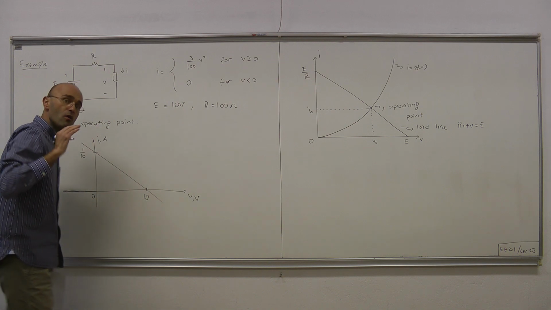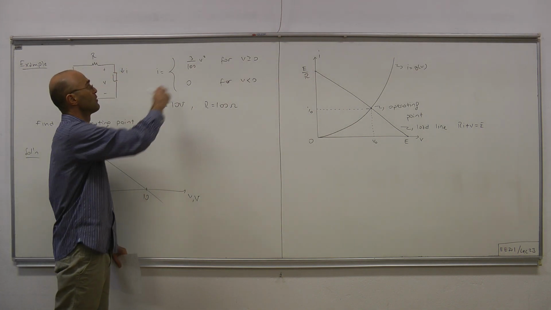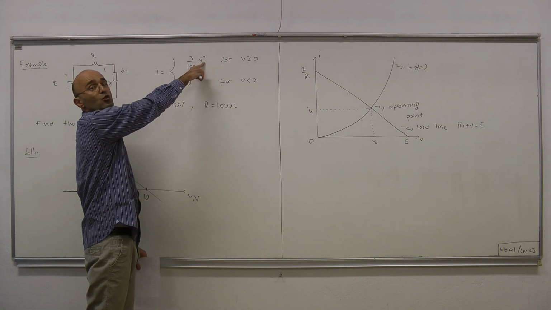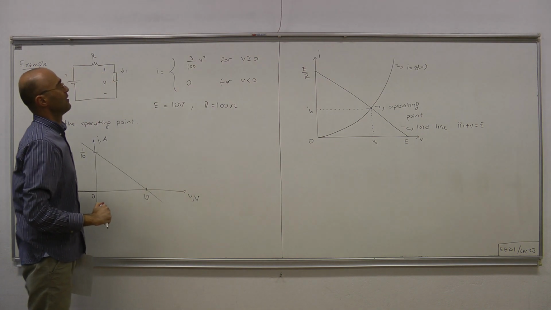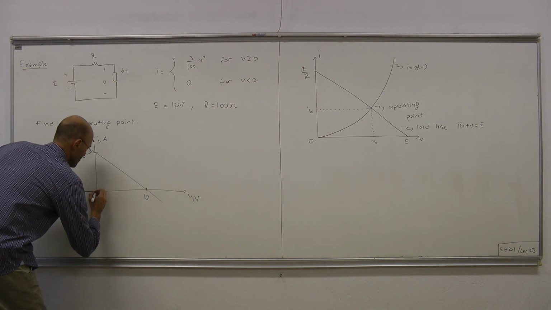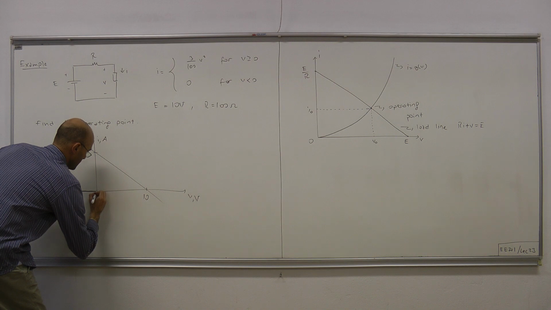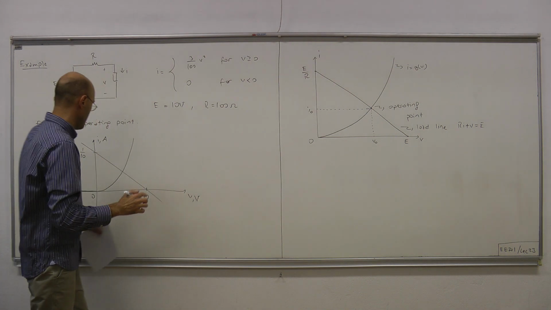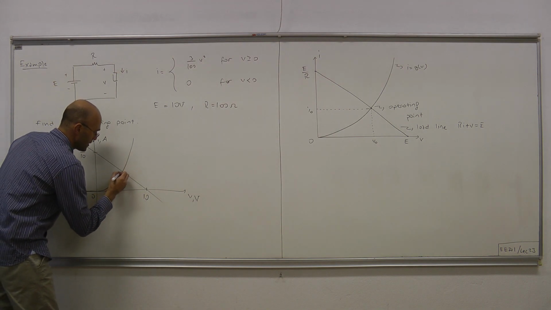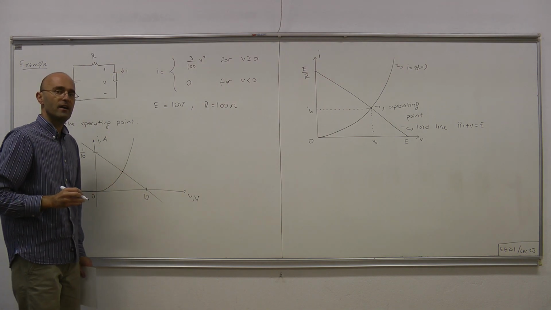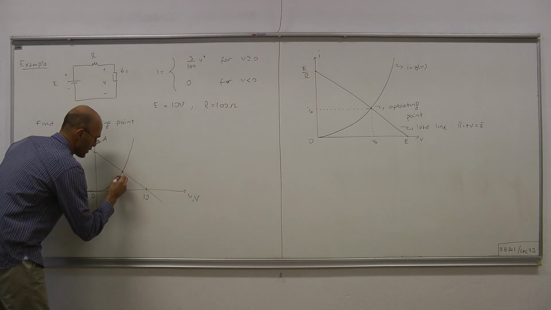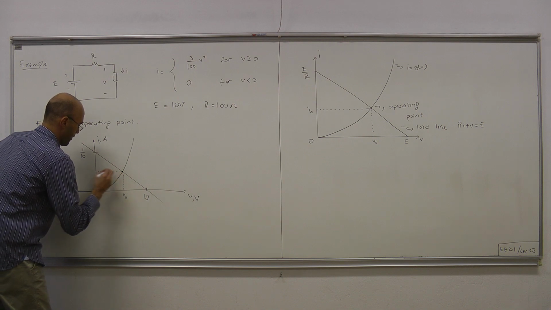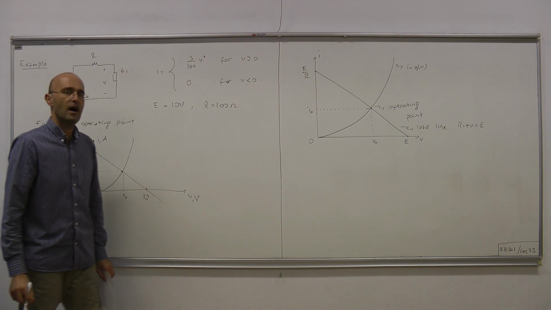The increase will be slow for small values of V, but eventually, because of this V squared term, it gets larger and larger in a polynomial way. The intersection clearly is in the first quadrant somewhere, and we're looking for this point, which we call the operating point. This is V0 and this is I0.